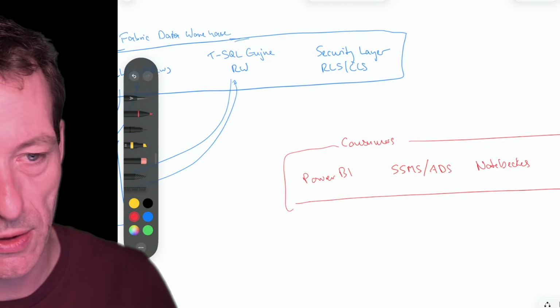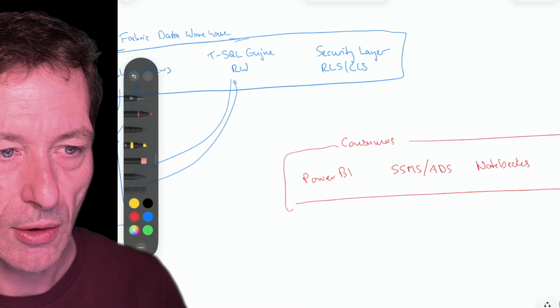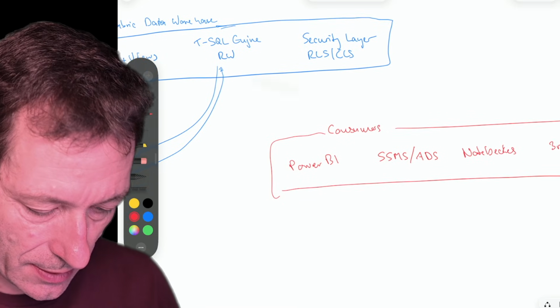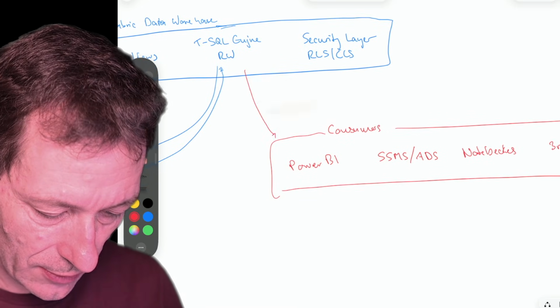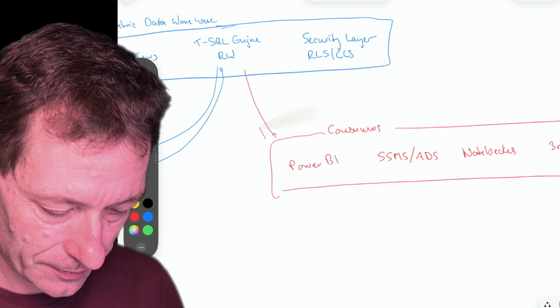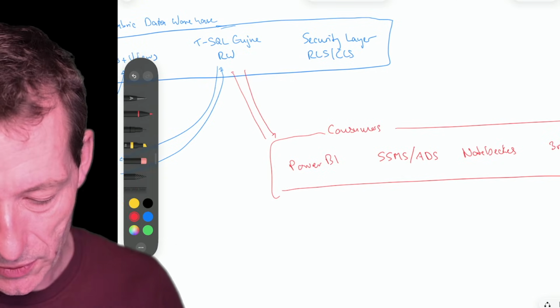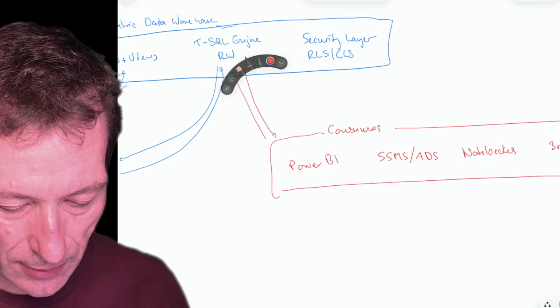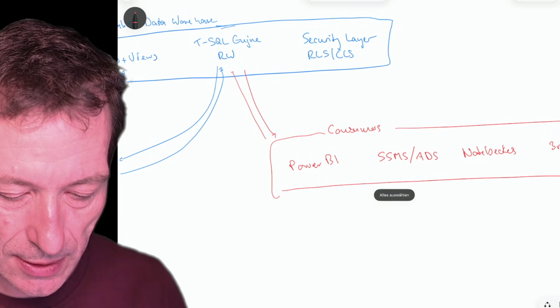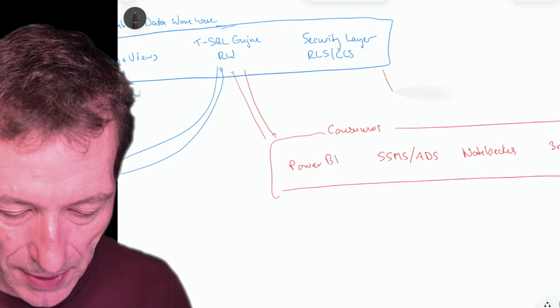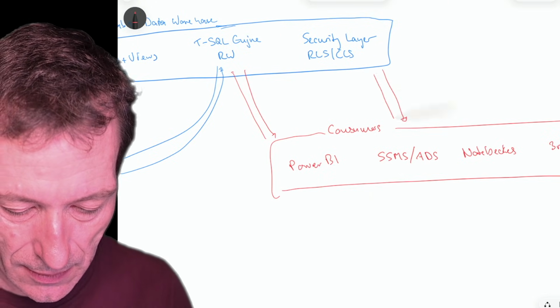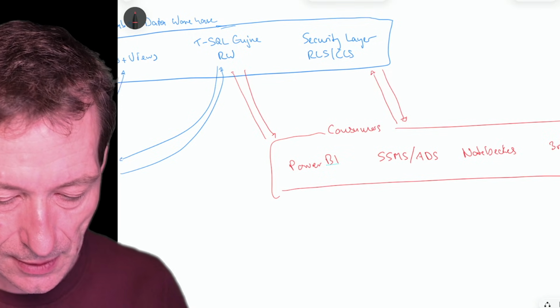Think about data agents, but well, all this is served by the T-SQL engine. So I will just draw one line from the consumers to the T-SQL engine, and all this respects the security. It's quite important.